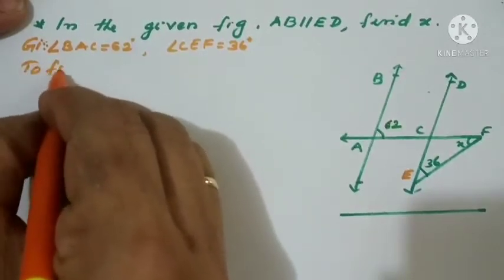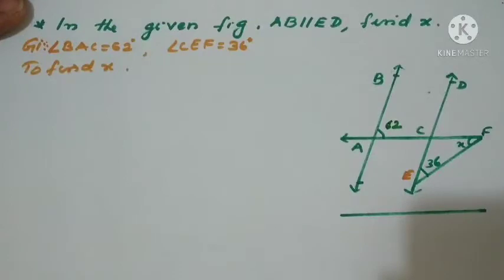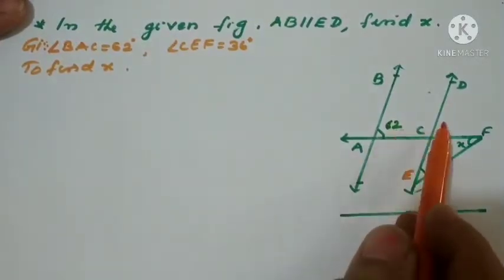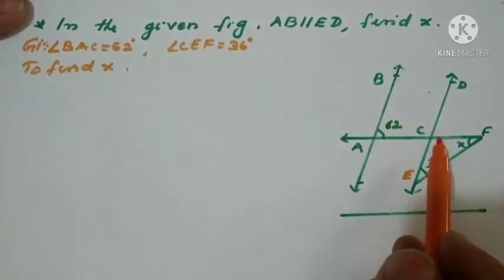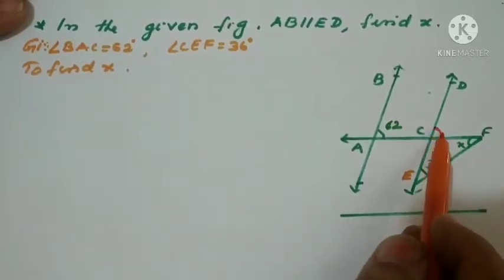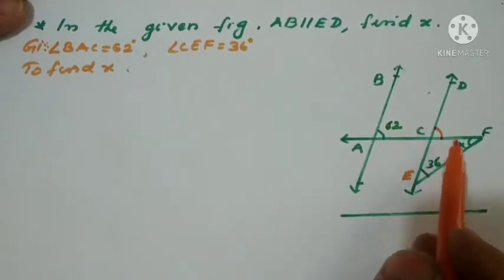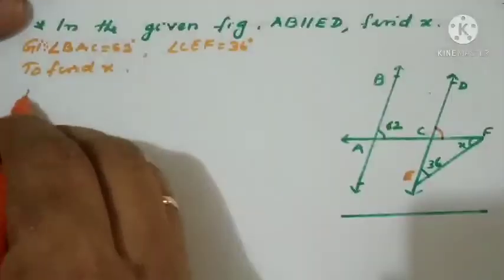Now angle BAC is 62. Then what can you say about angle DCF? Because this is below the line, it is also 62 only, corresponding angle.